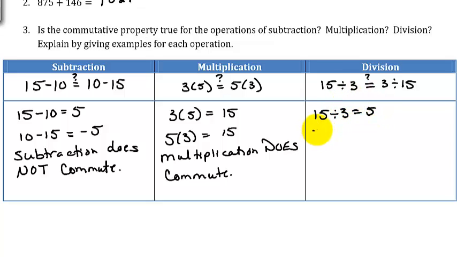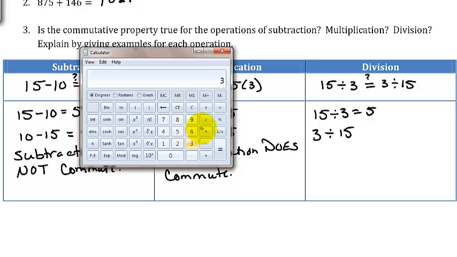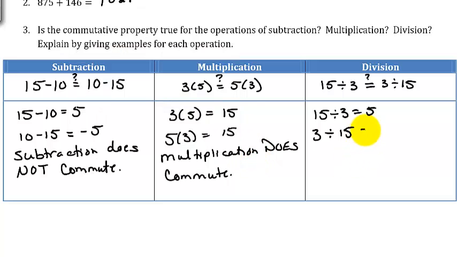Now if I do it the other way around, 3 divided by 15, let's just pull up our calculators to do that one. And there I get 0.2. And so again, we did not get the same result, and so that means that division does not commute.